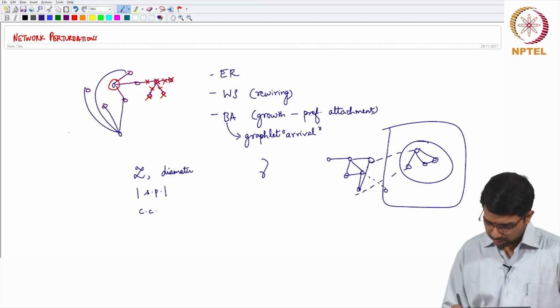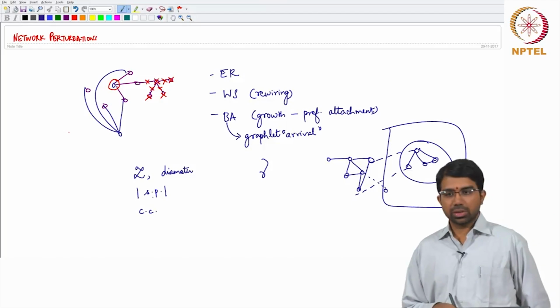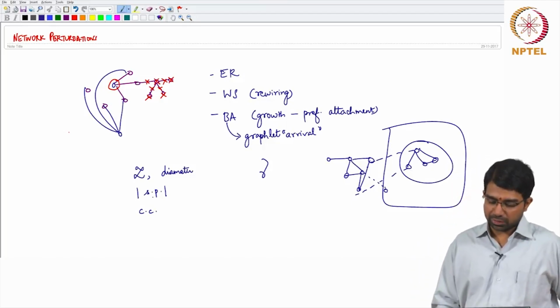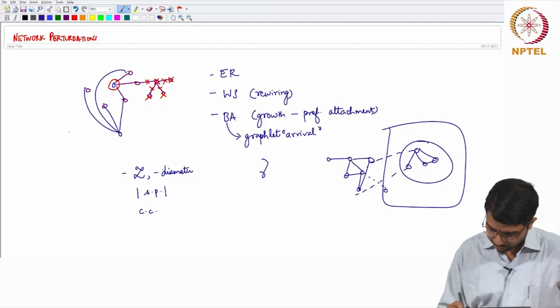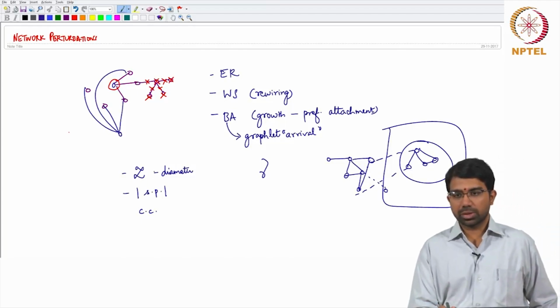You can of course look at clustering coefficient, centrality measures, and so on and so forth. You can study perturbations to a network in many different ways, but the most commonly used methods are these. So, you can study diameter, characteristic path length and the number of shortest paths.